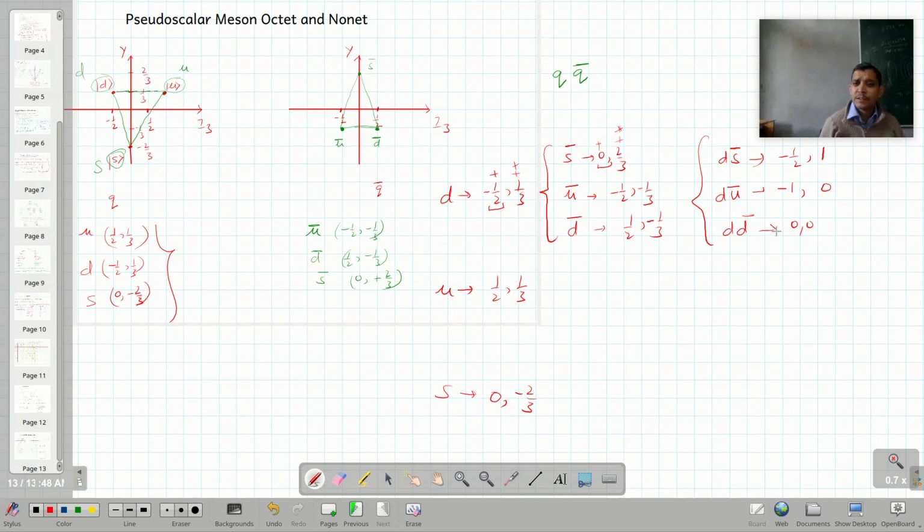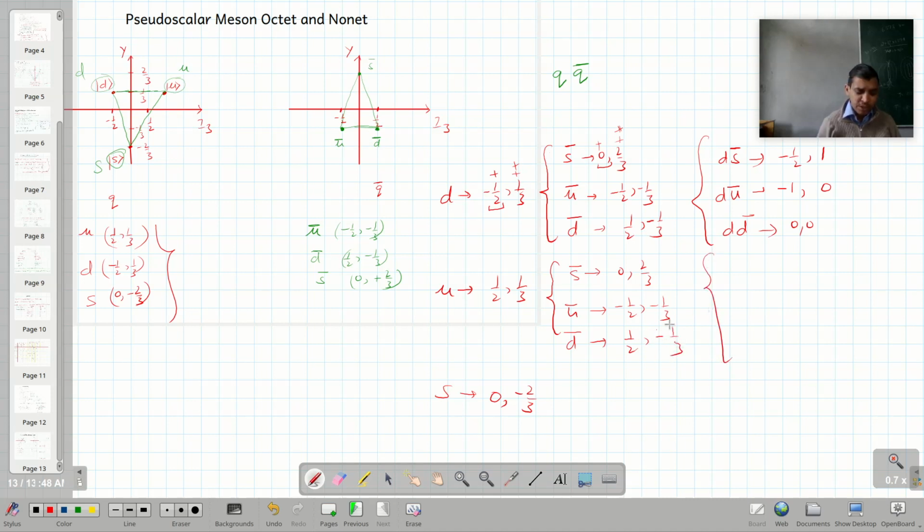And similarly for the next, we again proceed in the similar manner. So for S it is 0, 2 by 3; U bar is minus 1 by 2, minus 1 by 3; and D bar is 1 by 2 comma minus 1 by 3.